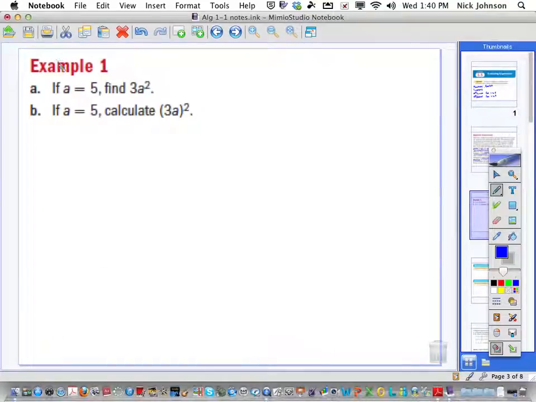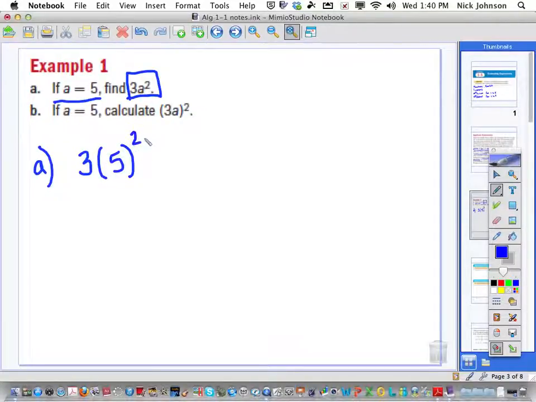If you look at example 1, here's my algebraic expression. They are telling me what A is. A is 5. So in this case, wherever I see an A, I'm going to put in the number 5. So this becomes 3 times 5 squared.